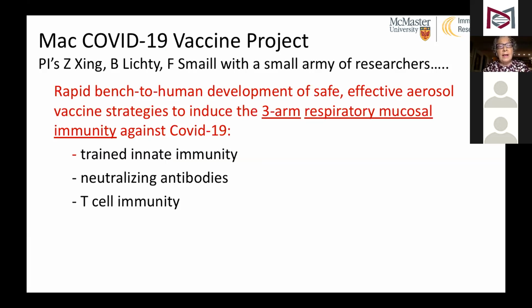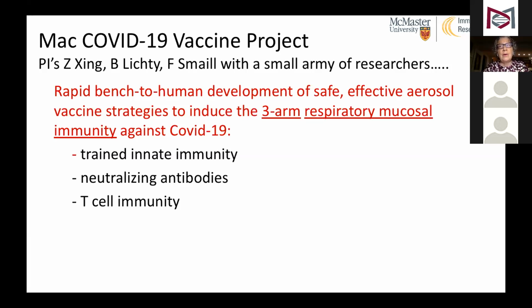We're looking at a bench-to-human development of a safe, effective aerosol vaccine. And those of you who have been familiar with the work that's coming out of Zoe's lab will be very familiar that we look at a 3-pronged approach to respiratory mucosal immunity. This is similar to what we're looking at for tuberculosis.